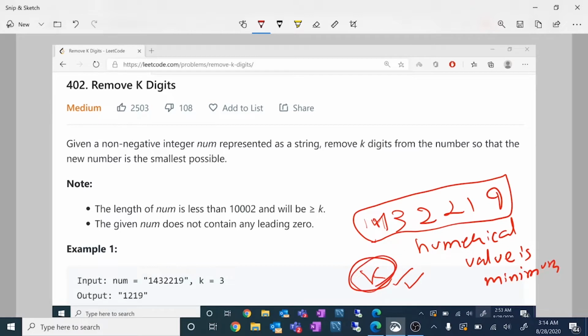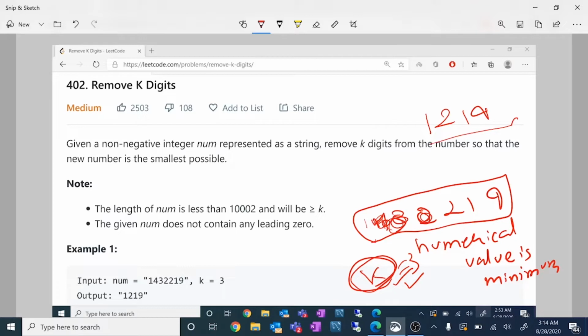So in this, you can see that for k equal to 3, when I remove 4, when I remove this 3, and when I remove either one of these two, I get the minimum value which is 1219. You could have also tried removing some other 3 digits and you still won't be able to make a number less than this.